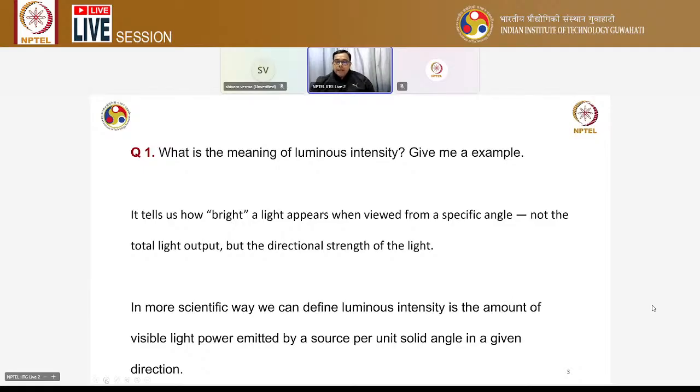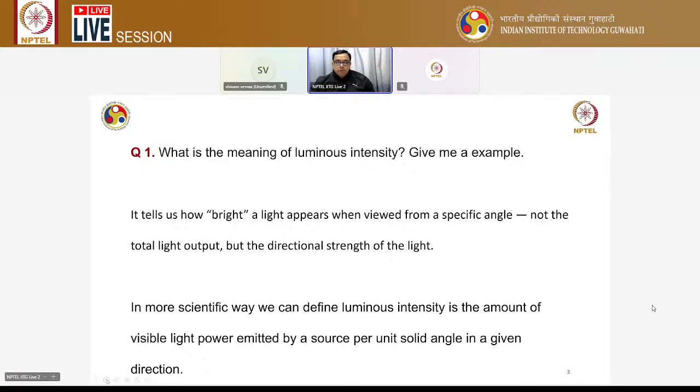But let's first explain it from a theoretical perspective. Luminous intensity is how bright a light appears when viewed from a specific angle, not the total light output, but the directional strength of light. Directional strength of light is sometimes very important for us, and sometimes the overall intensity in all directions may not be that important.